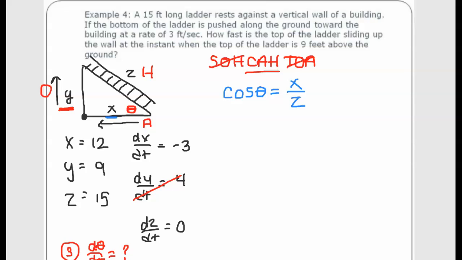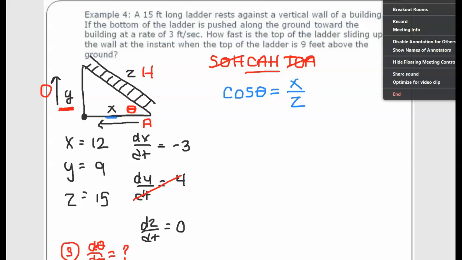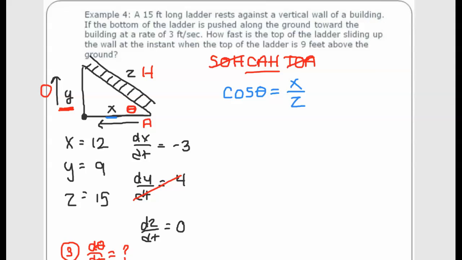So SOHCAHTOA, or right triangle trig, tells me that cosine theta is equal to x over z. Take the derivative. That's the way you're going to get your rate.